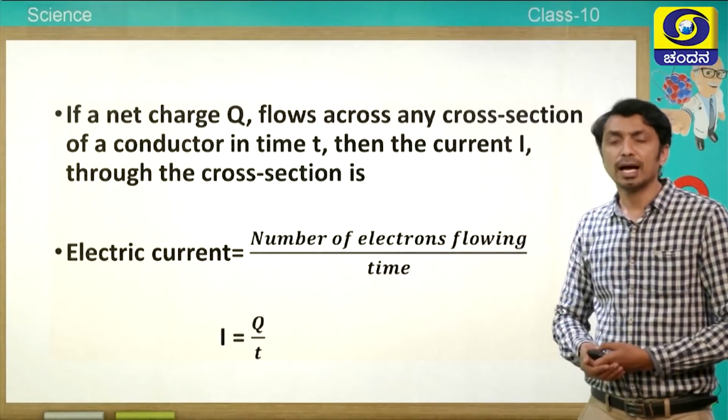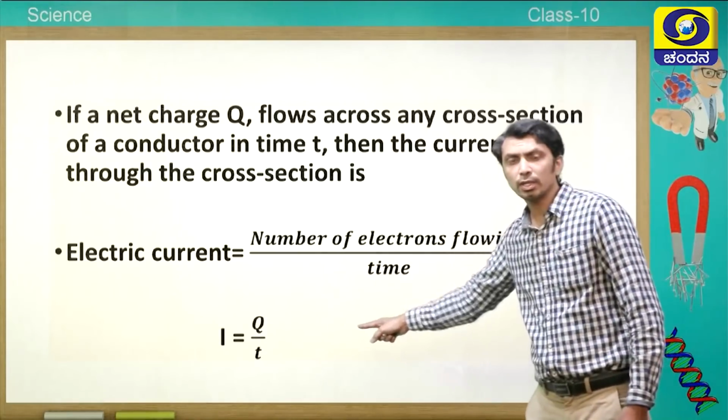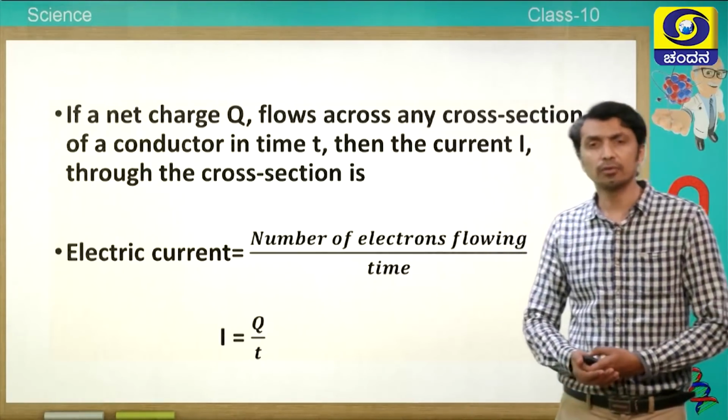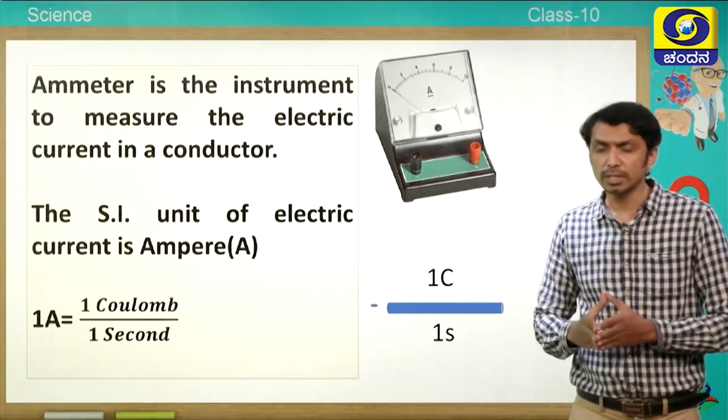As you can see, I is equal to Q by T. Q is the total amount of charge that is flowing through a particular area of cross section. Now we know what is electric current.